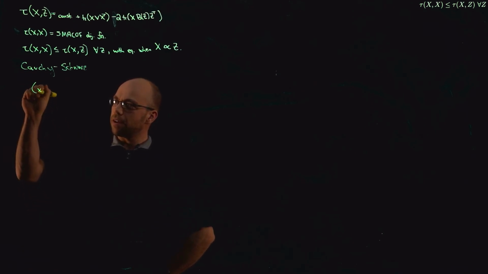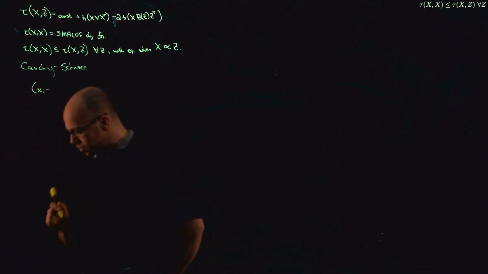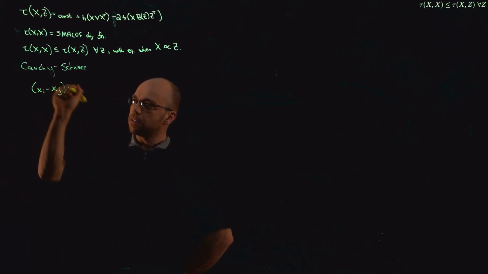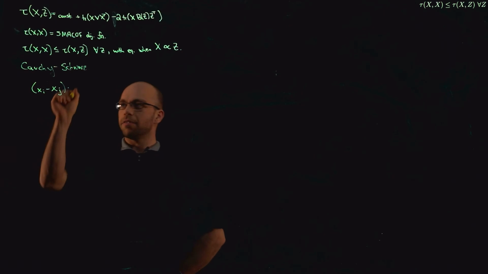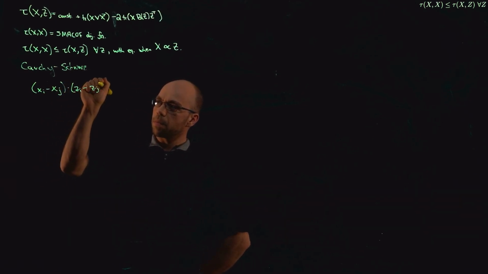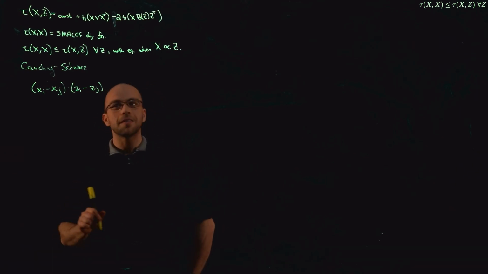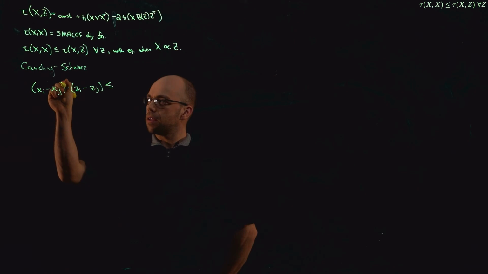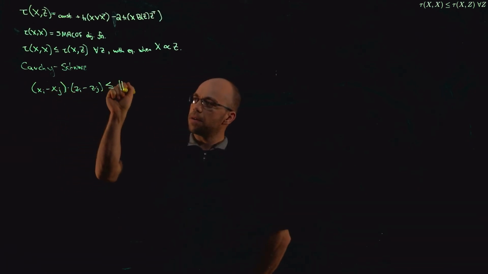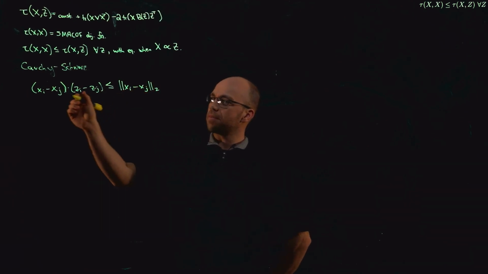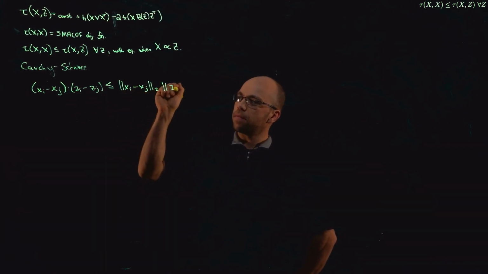We'll take the difference between x_i and x_j, dot producted with the difference between z_i and z_j. Now, by the Cauchy-Schwarz inequality, this dot product is upper bounded by the norm of x_i minus x_j times the norm of z_i minus z_j.